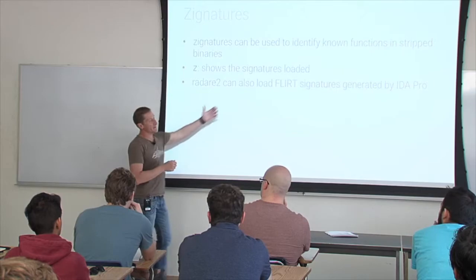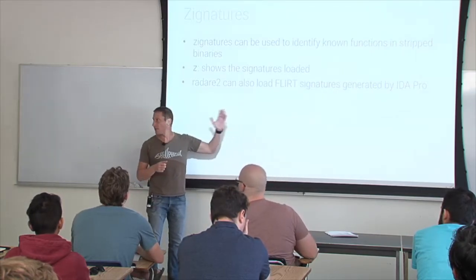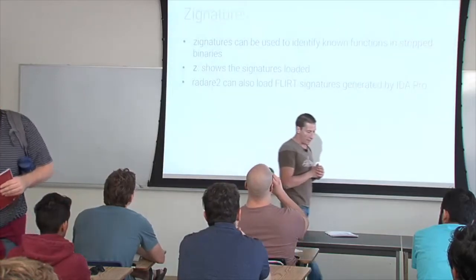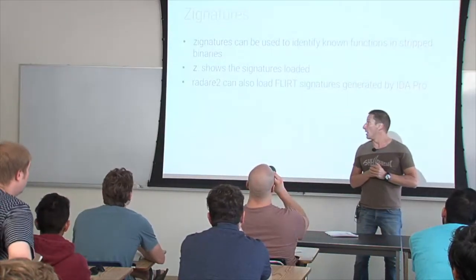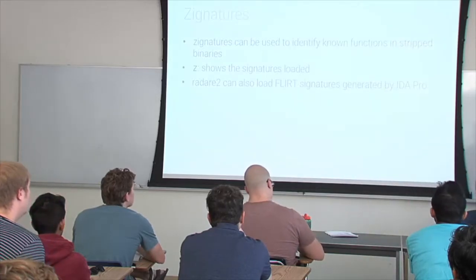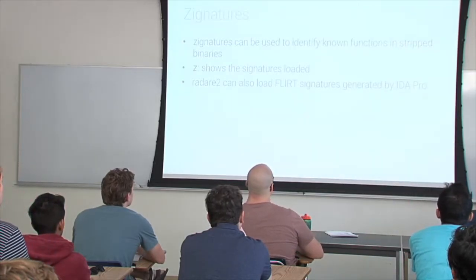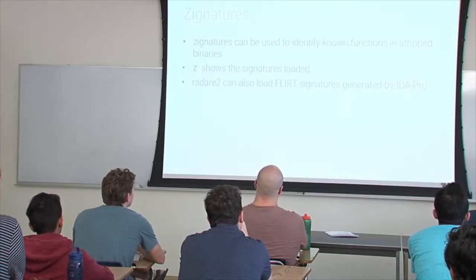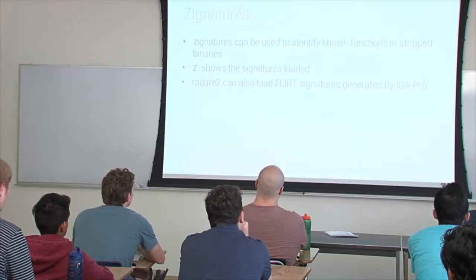This is super useful in IDA Pro. Sometimes it saved hours and hours of analysis because you focus on the right stuff. And sincerely, I never use signatures, so I cannot comment more about it, but it is a feature that is interesting.